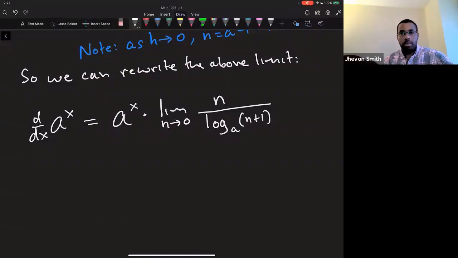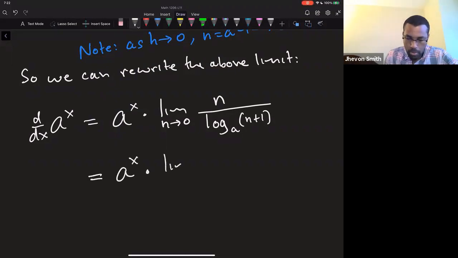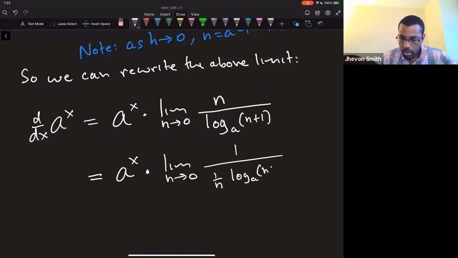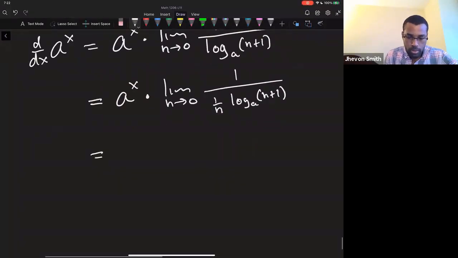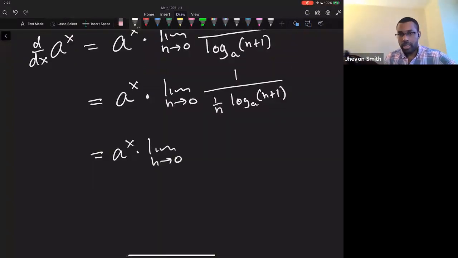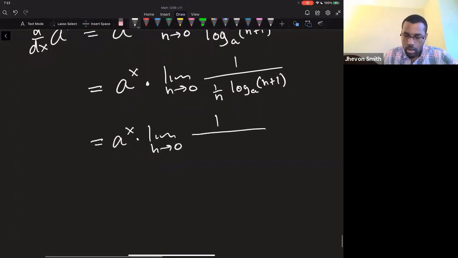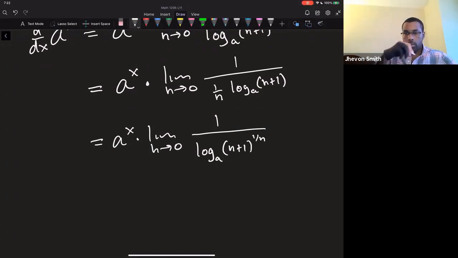Okay. Now, you might be wondering, well, what can we do with that? Well, this is, of course, that, right? 1 over x is the same as x to the negative 1. So I can take that and I can move it into the denominator, which is this, by a log rule.